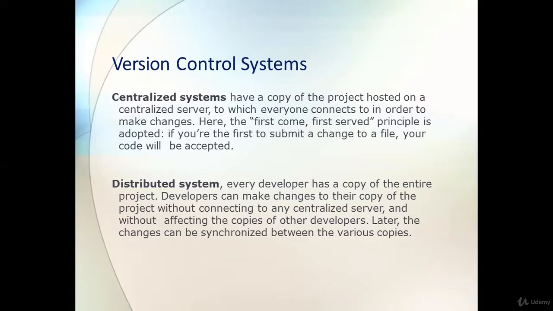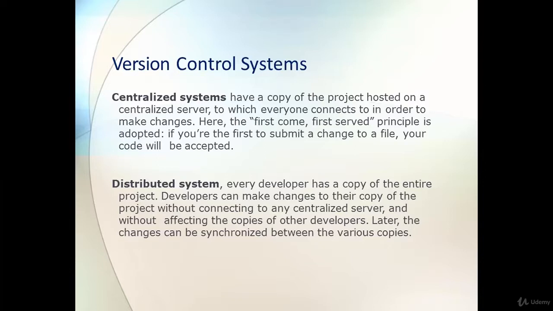Whereas in distributed system, we do not have any dependency on centralized system. Every developer has their own copy of their projects, so they can easily start their work without having any dependency to access any centralized server. In distributed system, all the developers can easily access their own file on their own local systems without disturbing each other's codes.